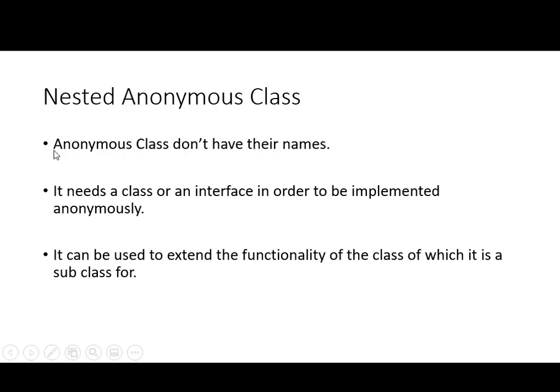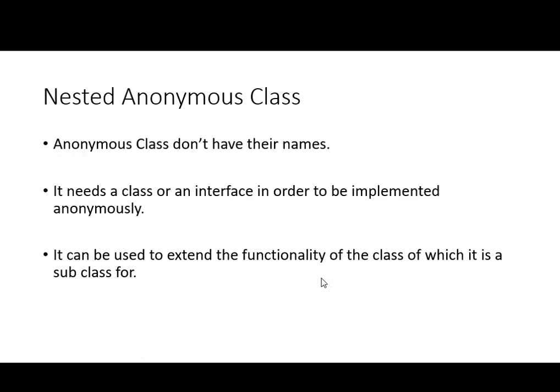You know that because of the word anonymous, you can identify that they don't have any specific name. It needs a class or interface in order to be implemented anonymously. That could be the reason for this class implementation, or it can also be to extend the functionality of a class for which we are making a nested anonymous class.